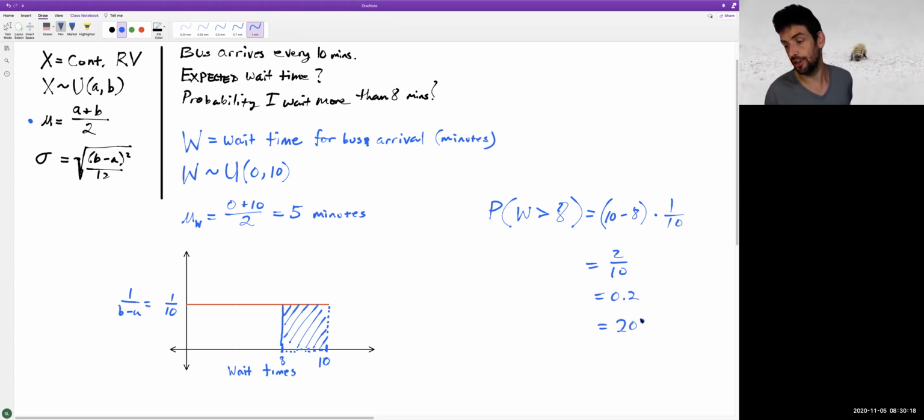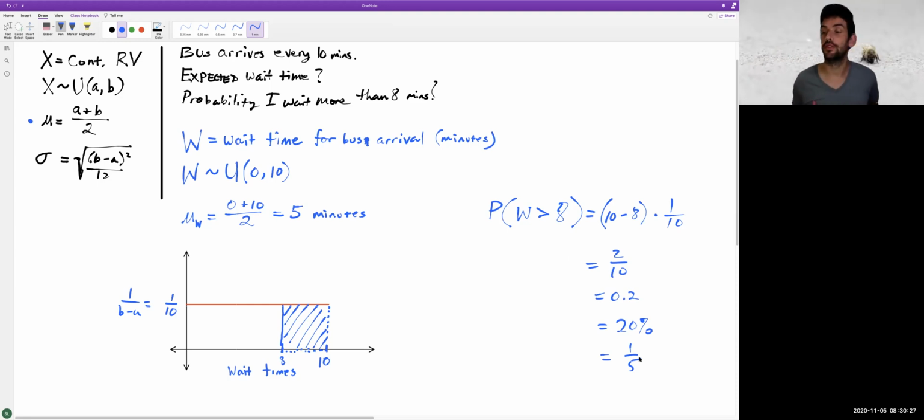or 20% or 1/5. I'm just pointing out all of these answers are equivalent and acceptable to me. So whatever you prefer, right? 1/5 is a nice reduced fraction. 2/10 is nice because it lets us know where this came from a little bit. It kind of paints the picture. We had up to 10 minutes available.